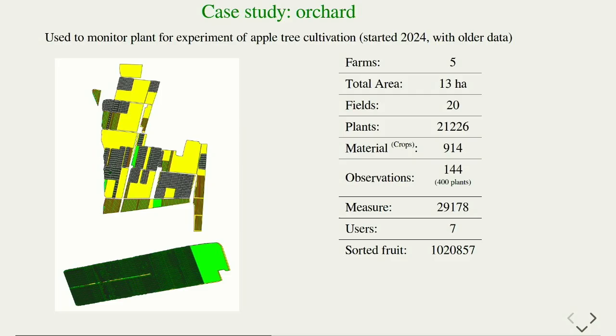Now let's see a little bit about the case study. This was the first user, and there are some colleagues. They started in 2024 because they had previous services, and they collected a lot of information. As I told you, we have a sorting machine that measures all the apples, and they had a service from 2000 or something like that.